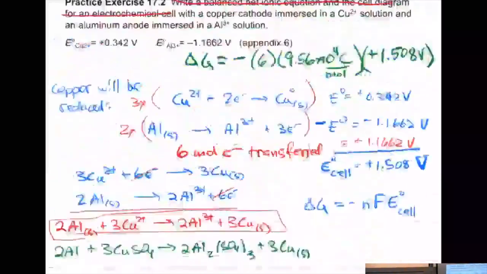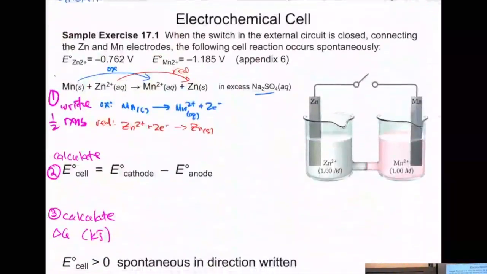So let's put that in. Now, we know that reduction happens at the cathode and oxidation happens at the anode. That just makes it convenient when we write this as an equation. But you can also just think about what you're doing. You can just look at the table and figure out what you're doing. So let's put these numbers in now.